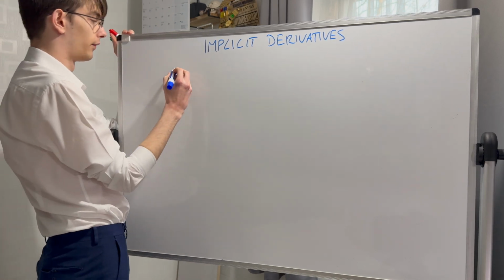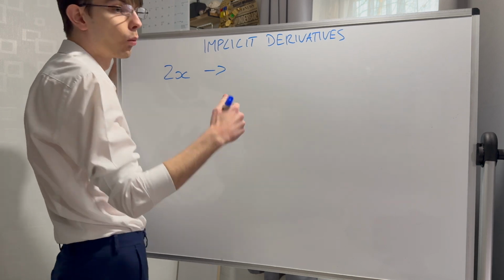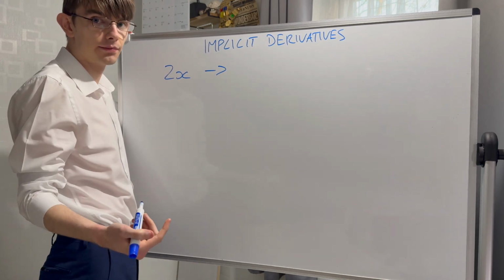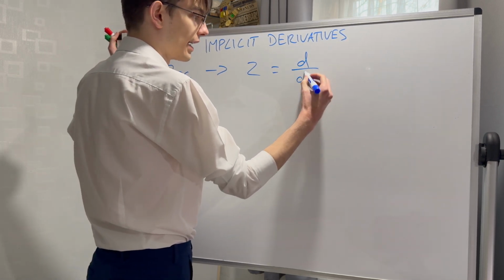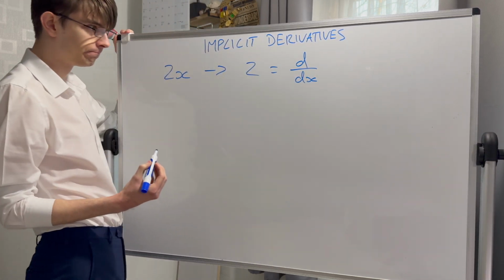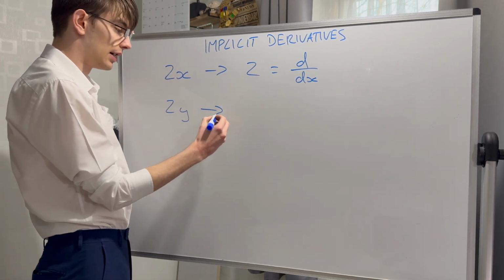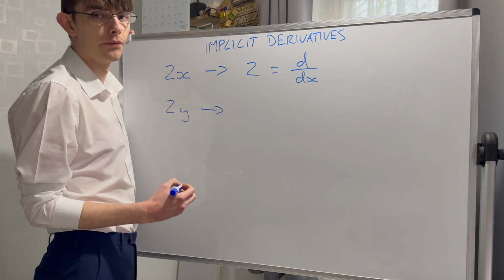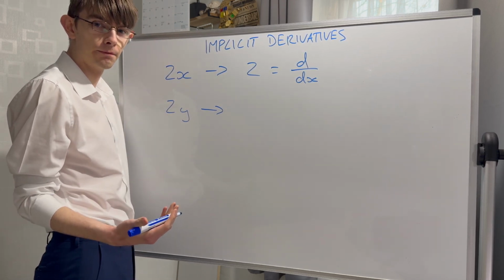If I have just 2x, and I want to differentiate that with respect to x, it's just 2. So that is d by dx, okay? If I had 2y, and I wanted to differentiate that with respect to y, it would just be 2.